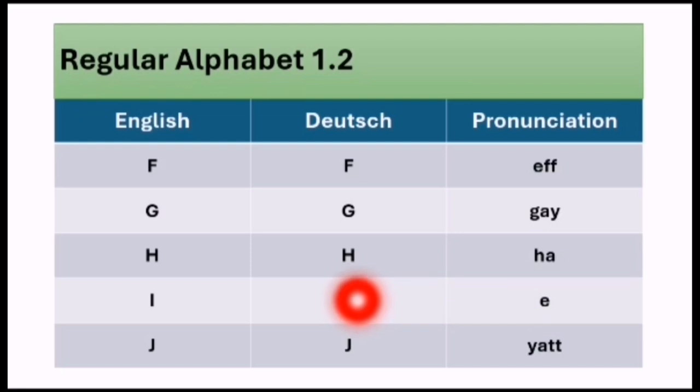I, like in English we say eye, but in German this is ee. J, yot. So F, G, gay, H, ha, I, ee, J, yot.